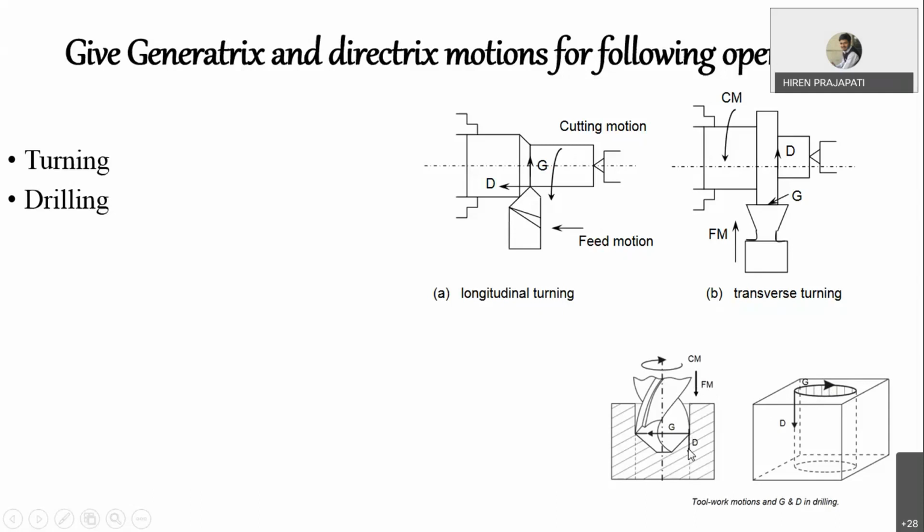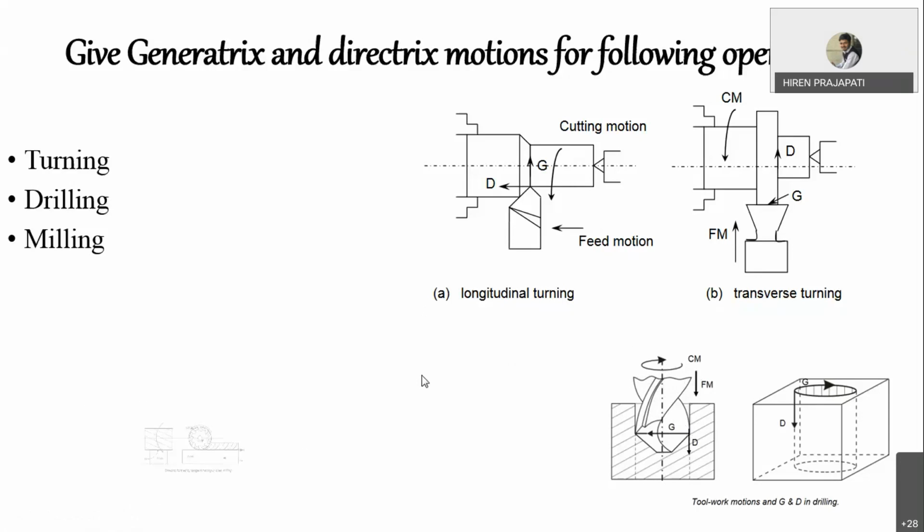So feed motion is the directrix. In drilling, your workpiece remains fixed, and both directrix and generatrix motions are given only to the drill bit. The directrix is given by straight downward movement of the spindle, and the generatrix is given by rotation of the spindle, the drill bit, right? So again, this is generatrix and directrix in drilling.